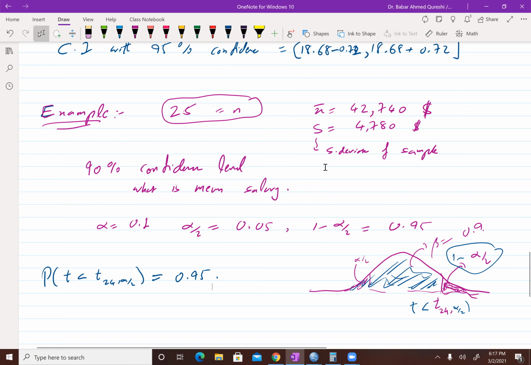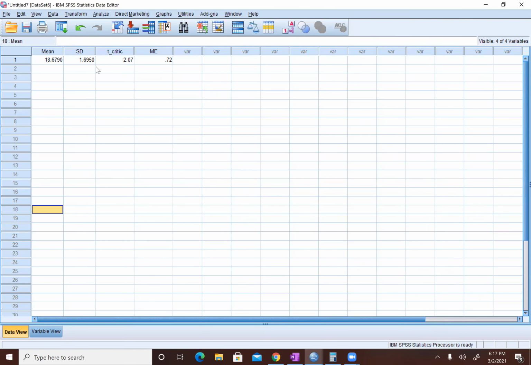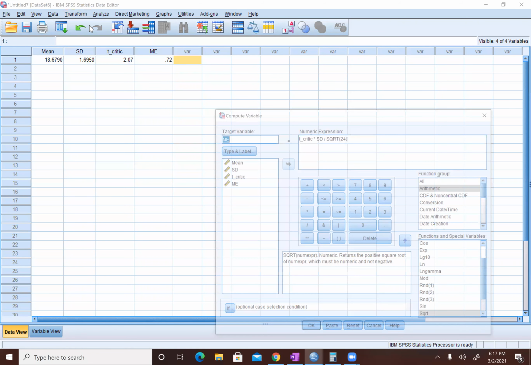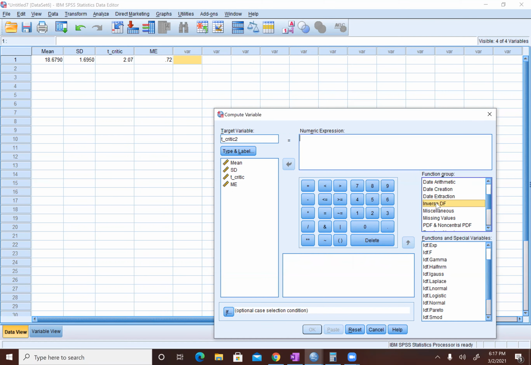So again, you can do it on SPSS. Let me just in this file compute a new variable, because I just have to compute one number. Compute variable, and that variable is going to give me the T critical. So let's call it T critical 2 because critical is already there. And again, I have to go to inverse distribution.